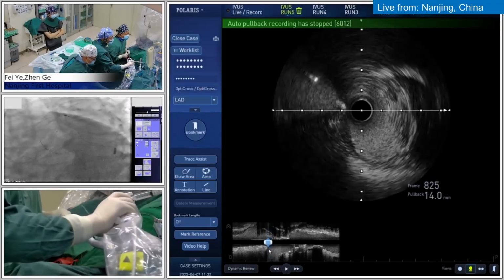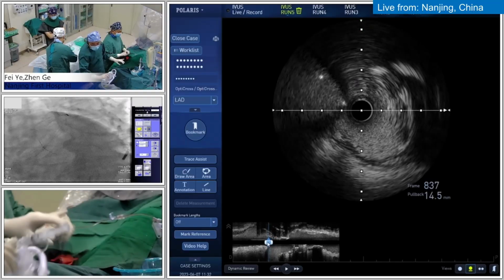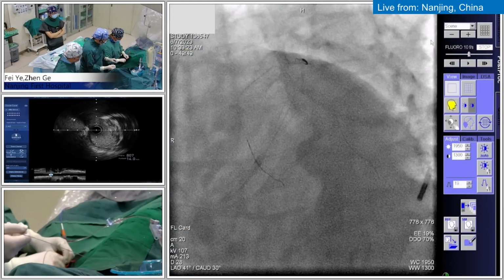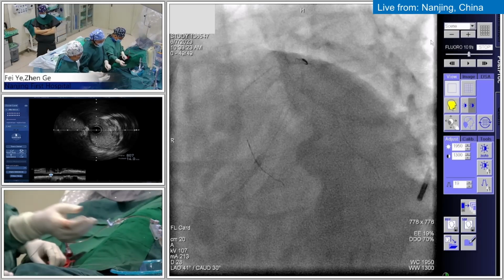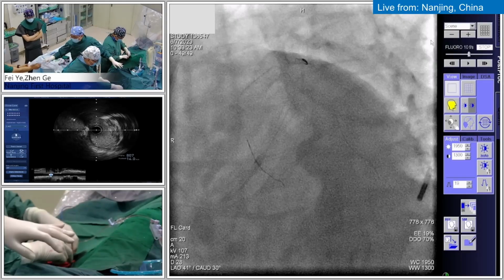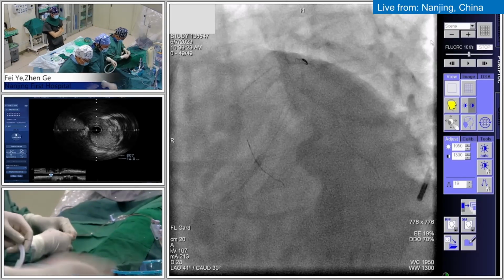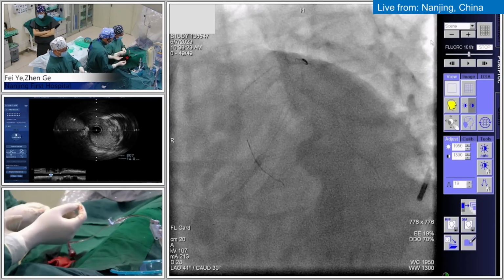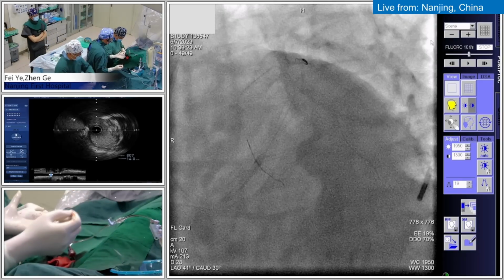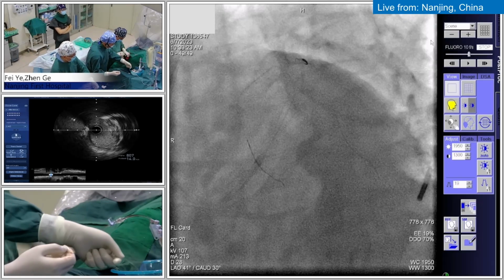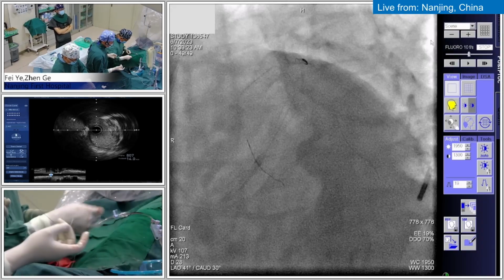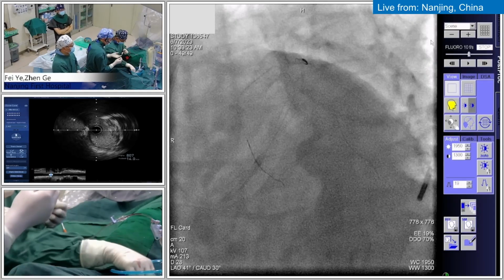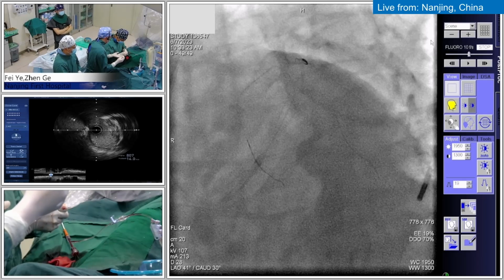So then, based on the ULTIMATE trial, Dr. Gao, would you tell me the criteria of stent landing zone selection? In the ULTIMATE trial, the optimal landing zone is where the plaque burden is less than 50% and no soft plaque.